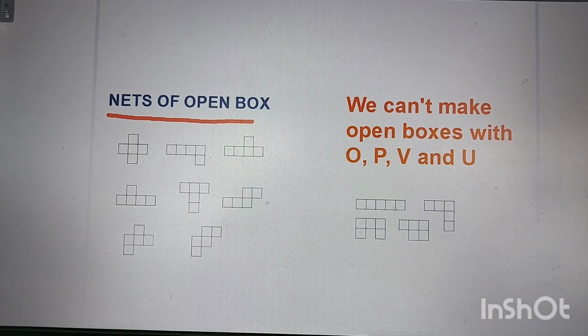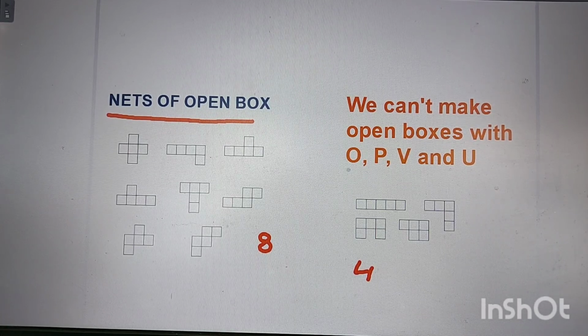If you can recall, these are the nets of pentominoes. In pentominoes you had 12 shapes, right? Out of that 8 shapes are shown on this side, and here you can see 4 of the shapes given. With 4 of them you cannot make open boxes. With the other 8 you can make open boxes, that is cubical boxes.